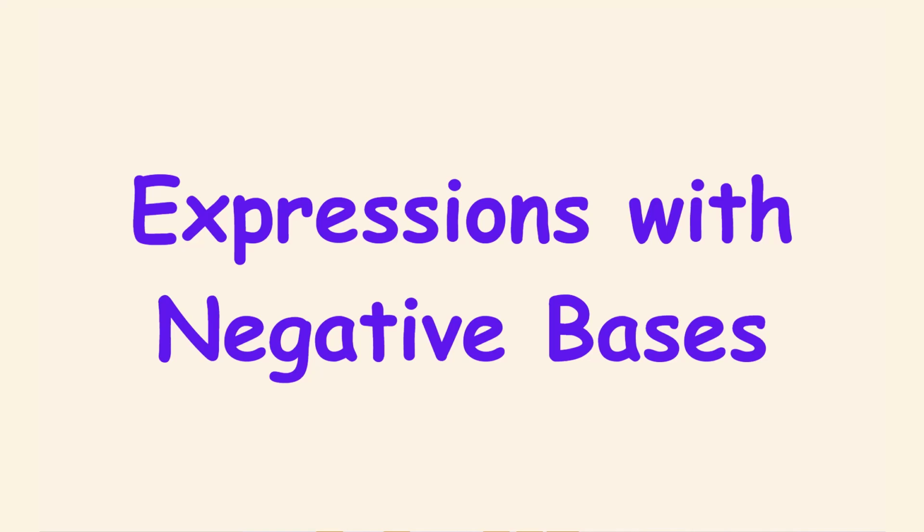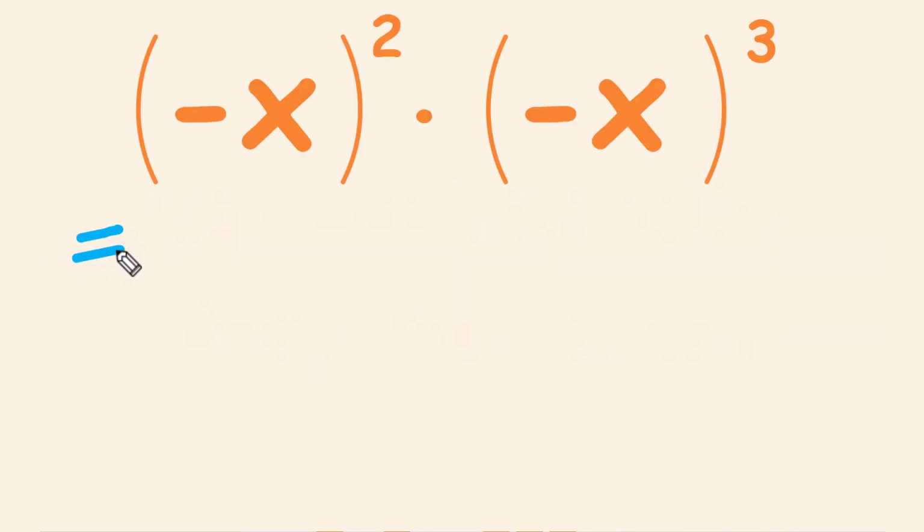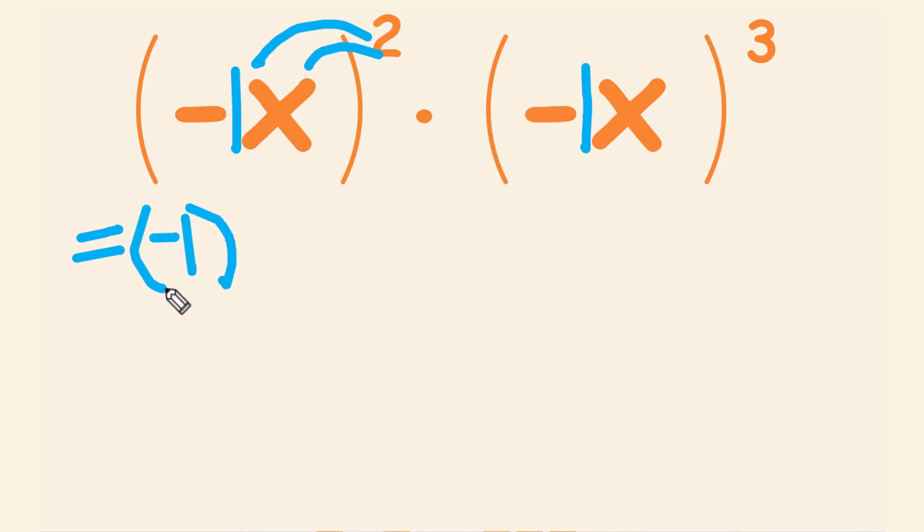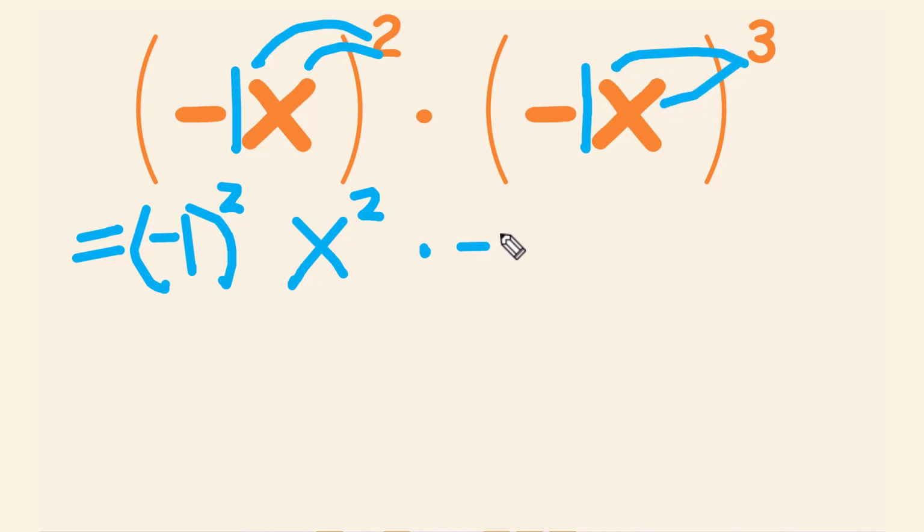Expressions with negative bases. So before we start, we need to remind ourselves that there is a 1 in front of x. So we will have negative 1 to the 2nd power, or squared, and we will have negative 1 cubed, or to the 3rd power.